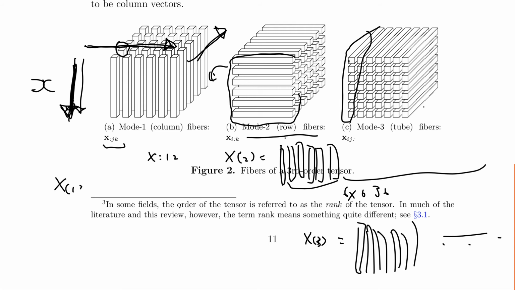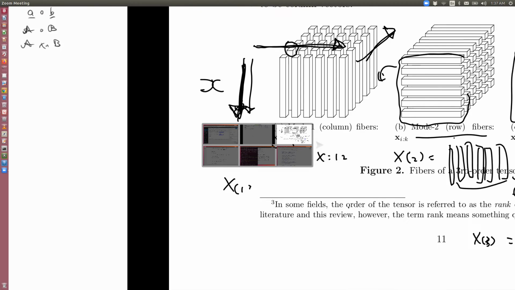I don't know why the numbers don't match. I think it's referring to the same tensor, but actually the dimensions do not match. But anyway, I think this is pretty simple, and I assume you get the idea.